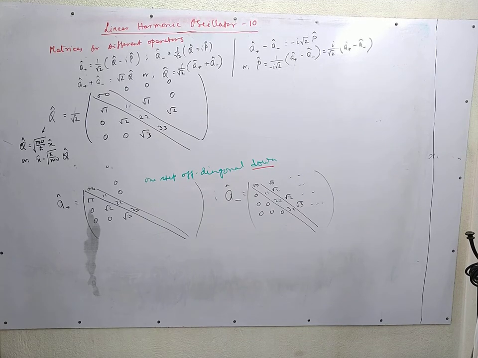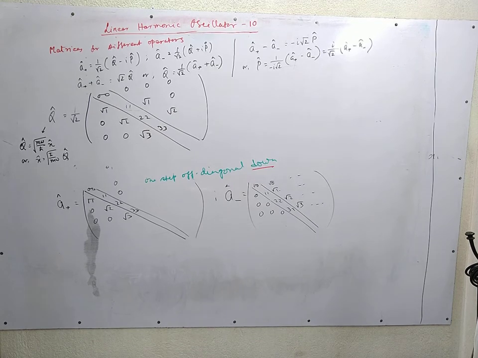The matrices for N and H are diagonal ones. The matrices for A plus and A minus are one step off diagonal, and for Q and P, just the elements adjacent to the diagonal elements contribute.